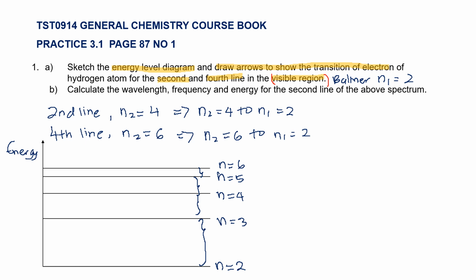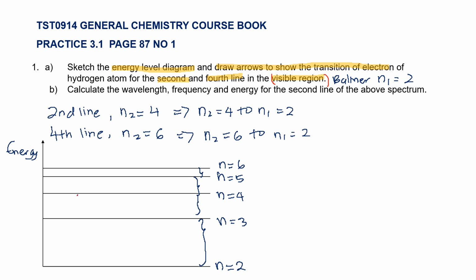Now how to show the transition of the second line and fourth line in Balmer series? We have to draw a downward arrow. Why downward? Because the line is only formed when the electron falls back from higher energy level to lower energy level.